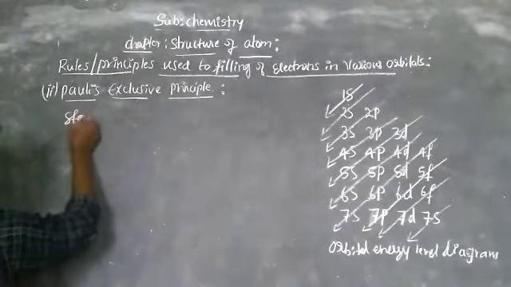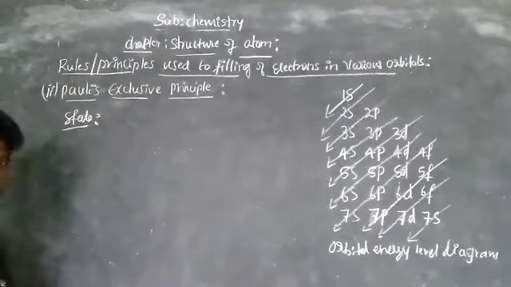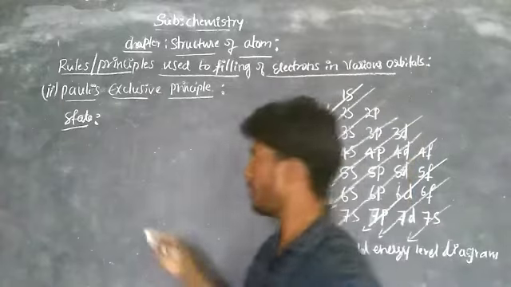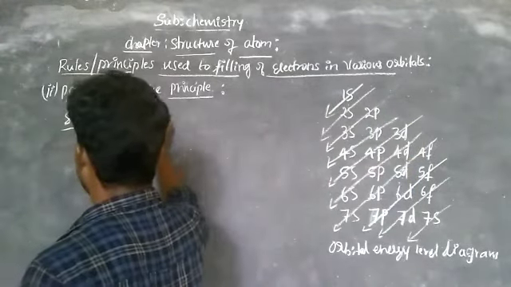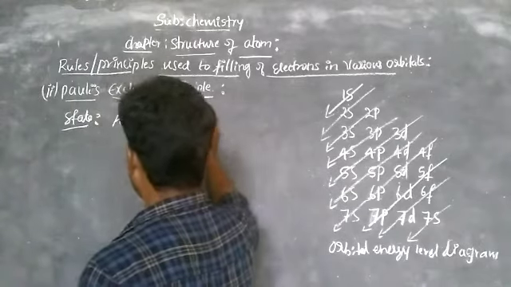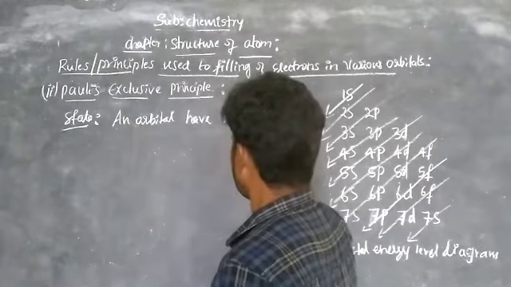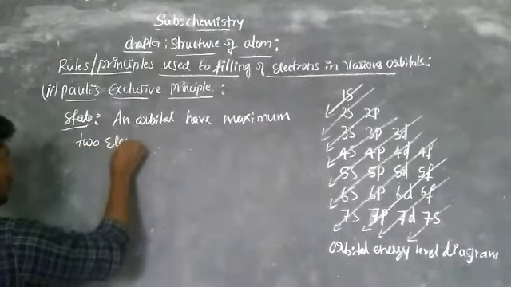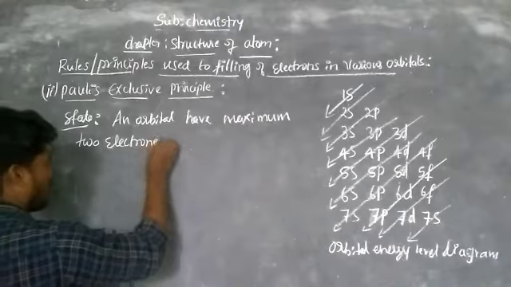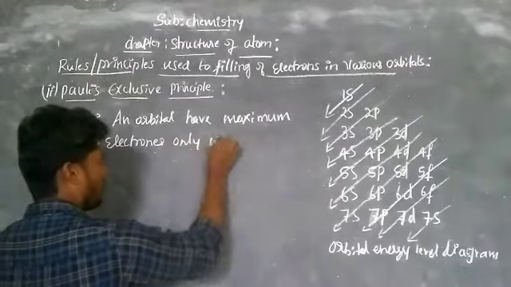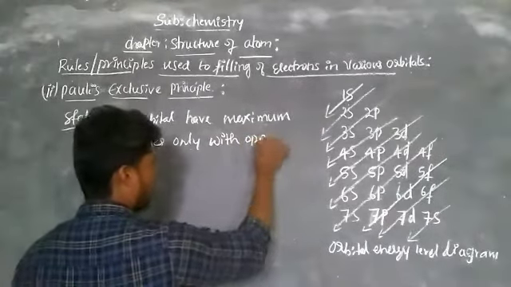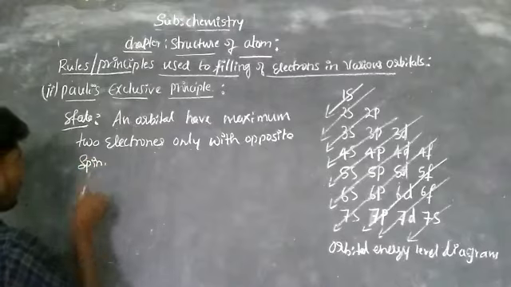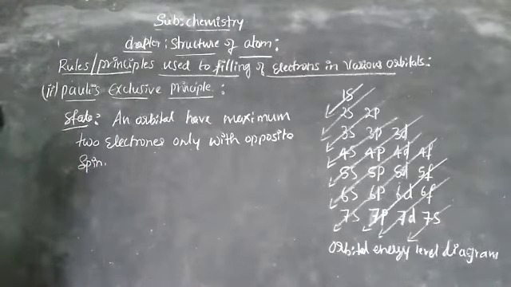It states that an orbital can have a maximum of 2 electrons, only with opposite spin. This is called Pauli's exclusion principle.